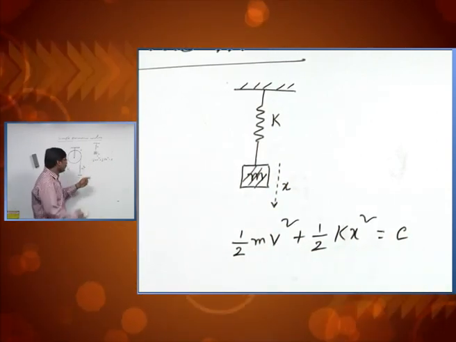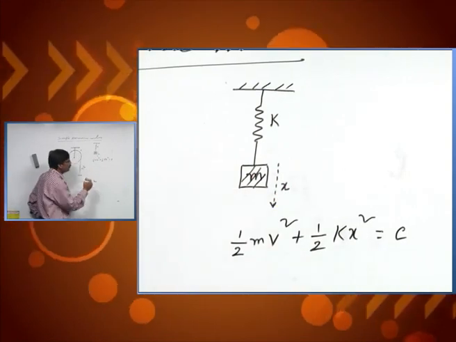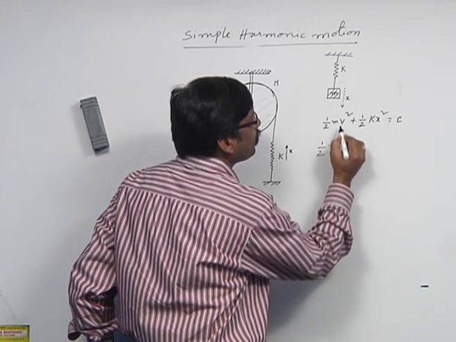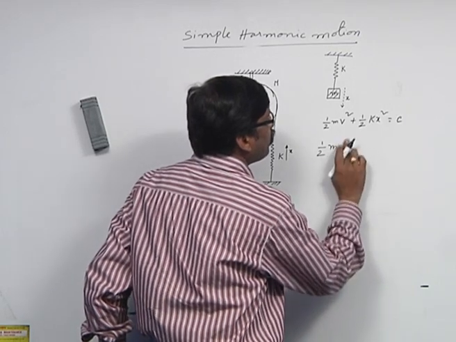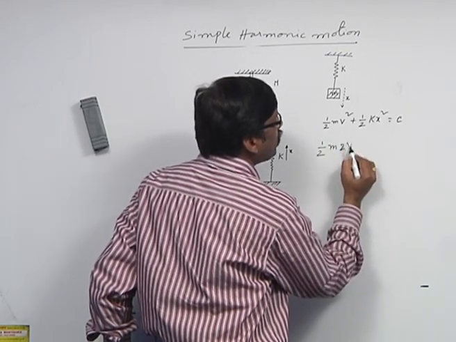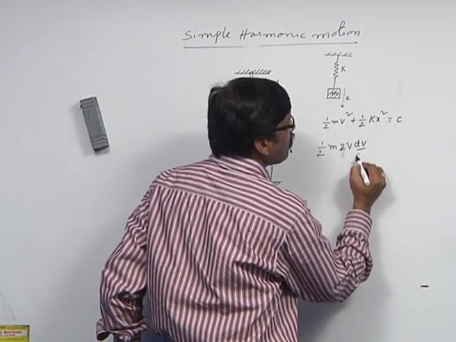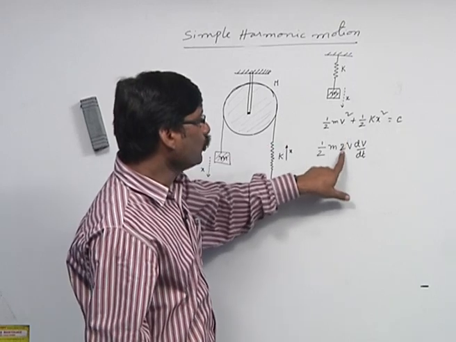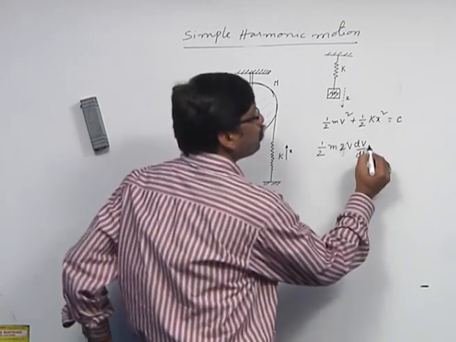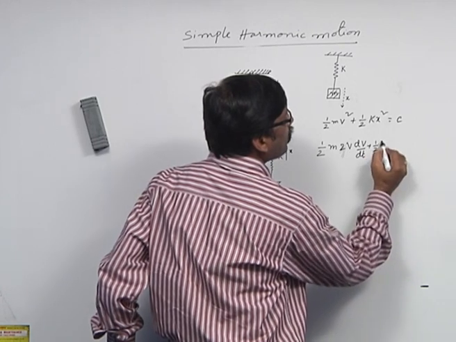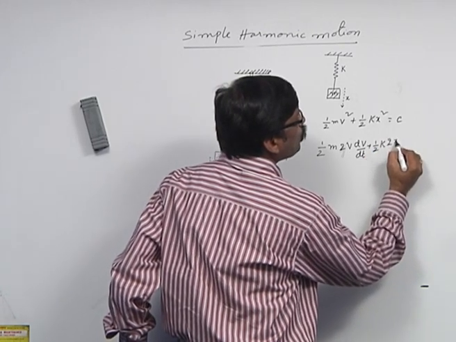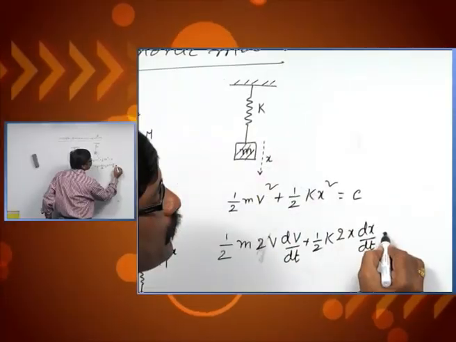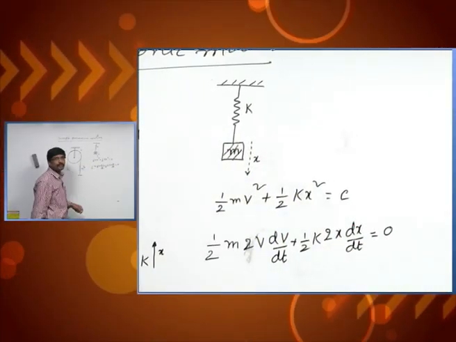If I differentiate with respect to time, half m into 2v dv by dt, since differentiation of v square is 2v dv by dt, plus half k into 2x dx by dt, since the differentiation of a constant is 0.